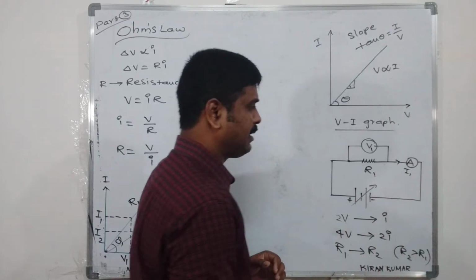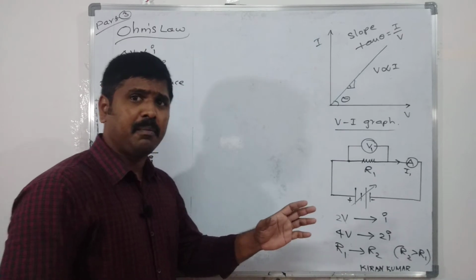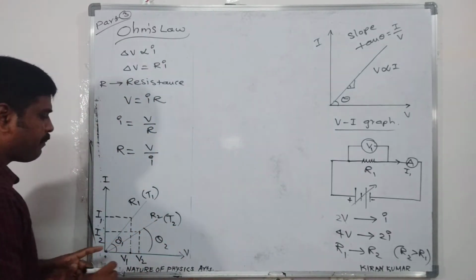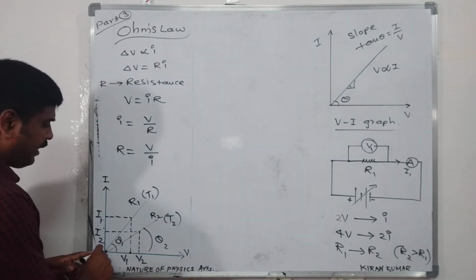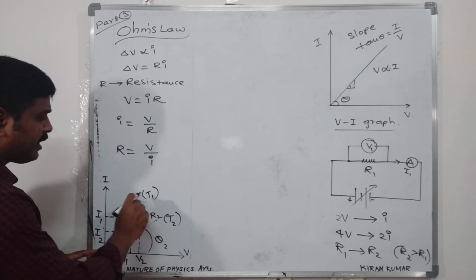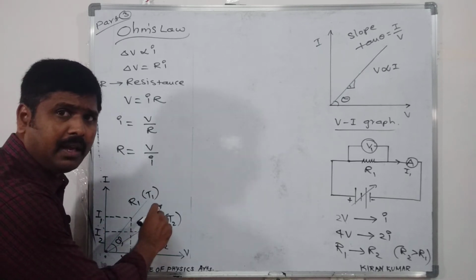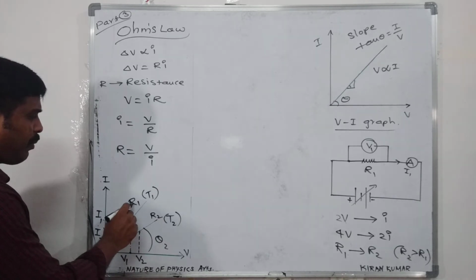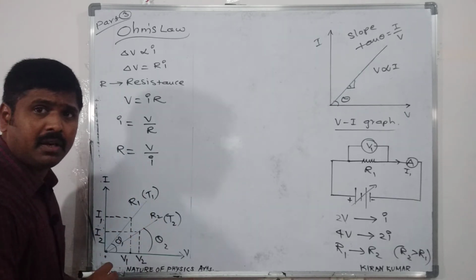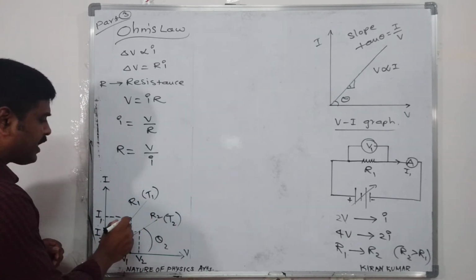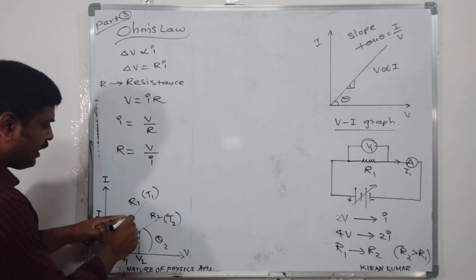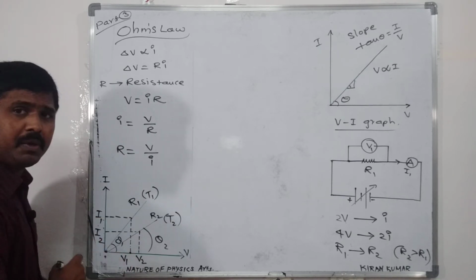The same graph I am taking. Here current increases linearly with increasing voltage. This is the R1 resistance at a temperature T1, then the corresponding current is I1 and the corresponding voltage is V1.